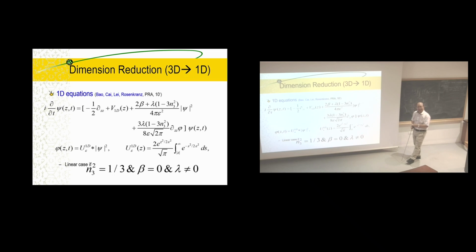In some sense, if beta equals 0 and lambda is non-zero, in the cigar-shaped confinement there's a magic angle, and the 3D problem performs like a linear problem in 1 dimension.